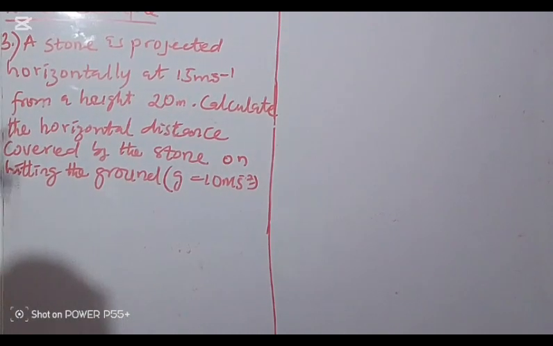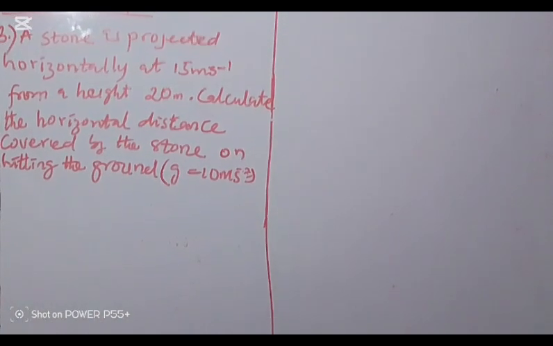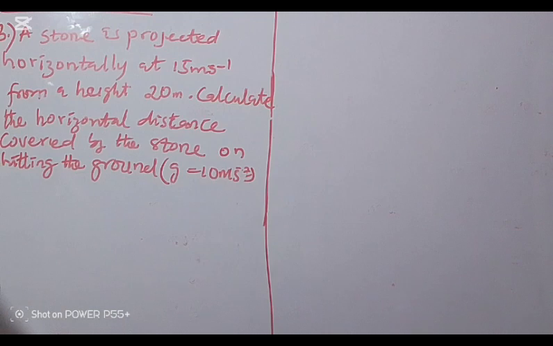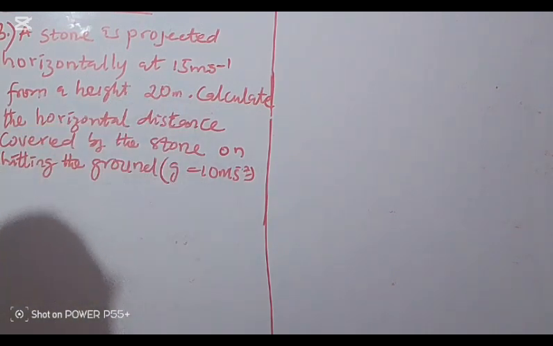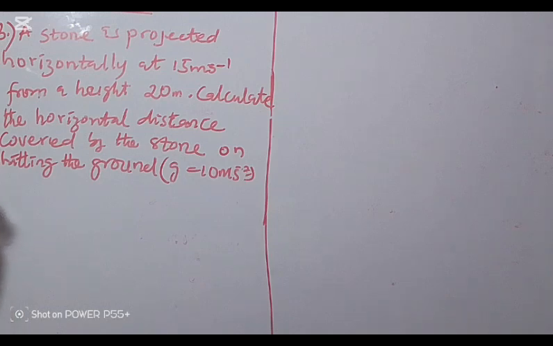Now let's take this one as example 3. A stone is projected horizontally at 15 meters per second from a height of 20 meters. Calculate the horizontal distance covered by the stone on hitting the ground.